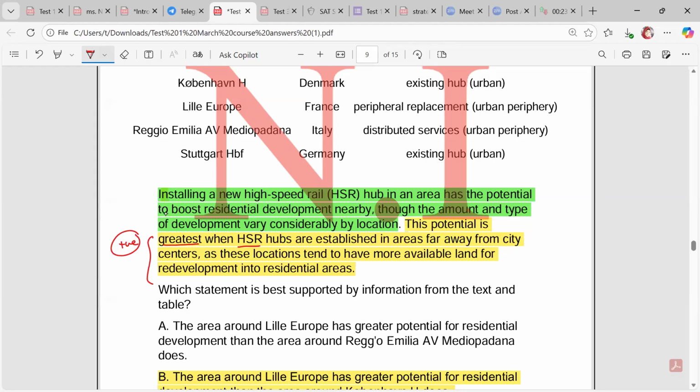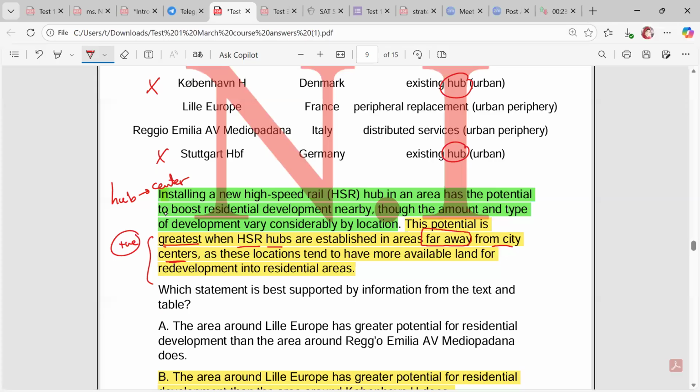When HSR hubs are established in areas far away from city centers. Even if you don't know the hub, it means not in the center.